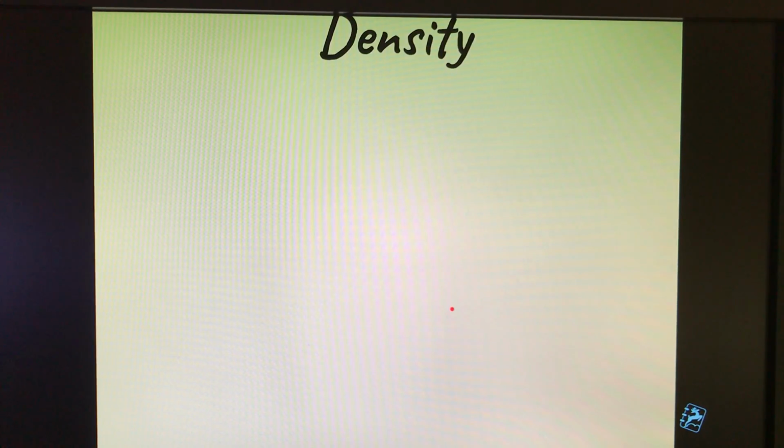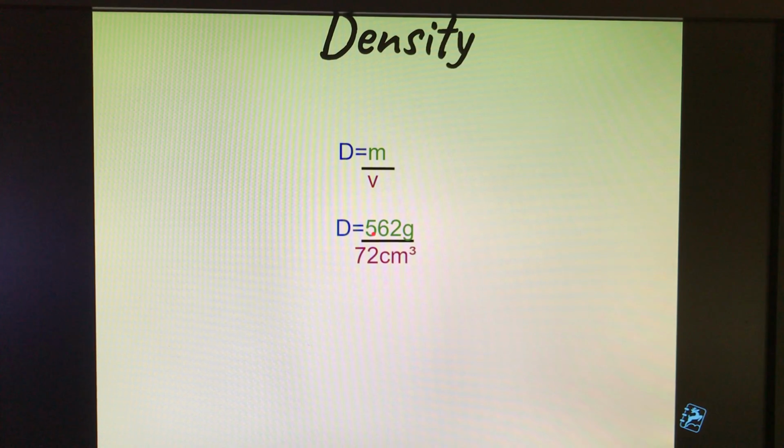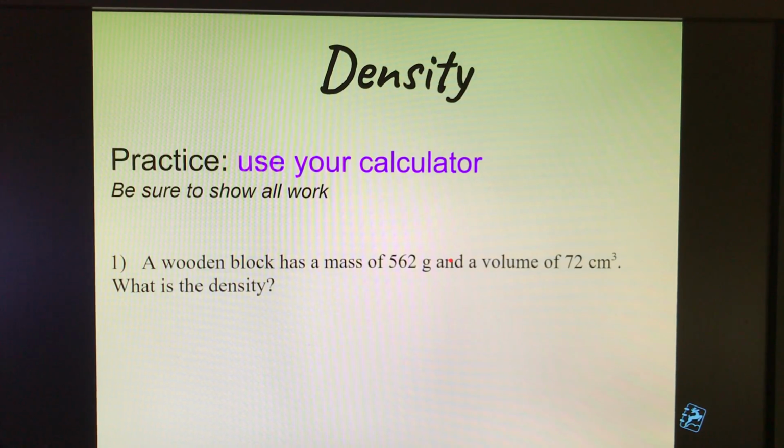So let's take a look. The formula is, and this is the way it should probably look on your paper, D equals mass divided by volume. Then we need to do substitution. Substitution says that I have 562 grams divided by 72 centimeters cubed.